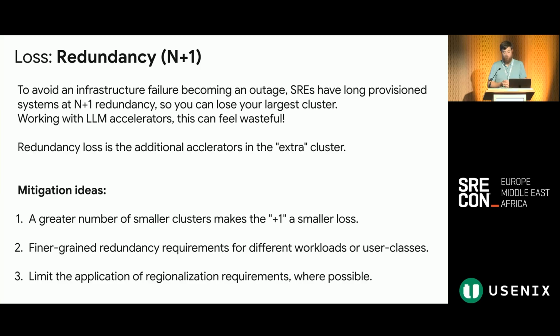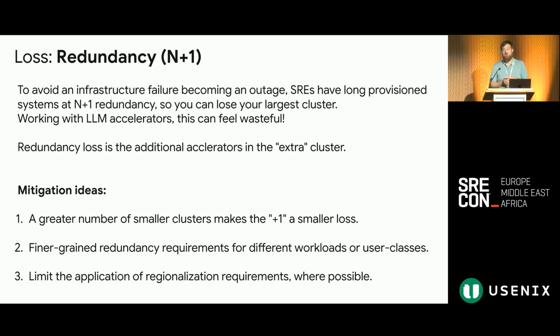Things that we've tried here is to have more small clusters so that the extra cluster that you're provisioning is smaller than if you just had 3, for example. If you have 5, 7, 9, the last one is not as big as it would be. You can also adjust the redundancy requirements for different workloads.